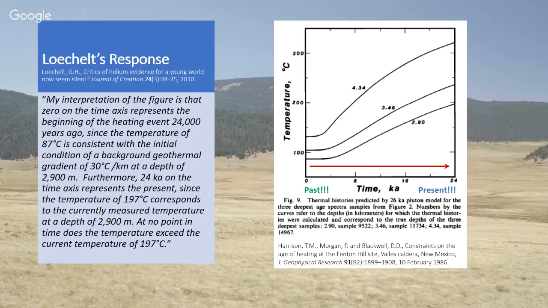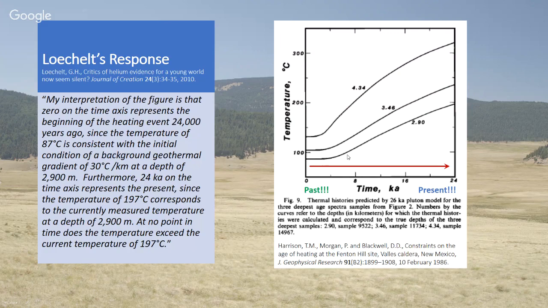If you look at a depth of 2.9 kilometers, that gives you 87 degrees. So 87 here matches their initial condition of a 30 degrees C per kilometer geothermal gradient and a depth of 2.9 kilometers. 2.9 times 30 gives you 87. That's the starting point.